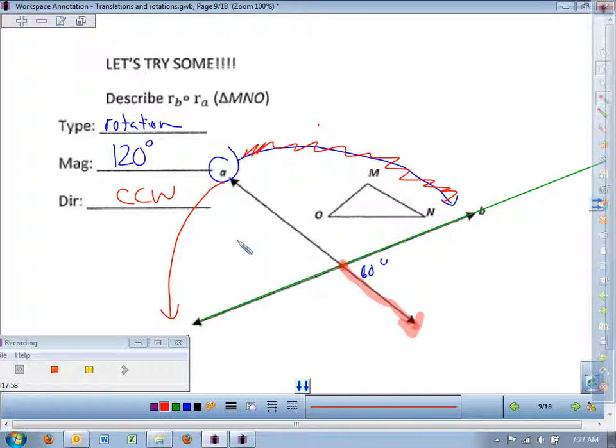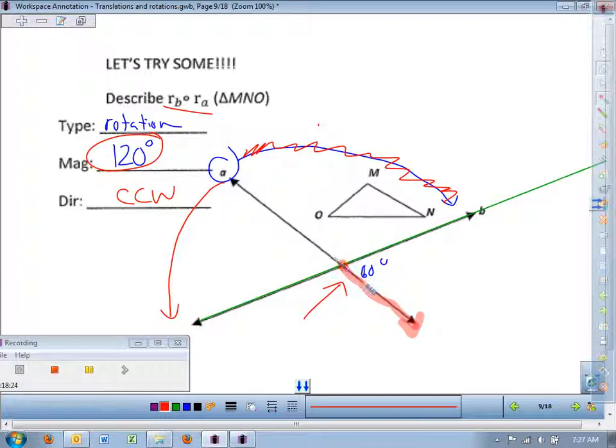One more thing to figure out. Counterclockwise, is that positive or negative direction? Counterclockwise is positive, so that means we keep this magnitude to be a positive 120. If it was clockwise, then we have to go upstairs and make that a negative 120. So let's recap. How did I know it was a rotation? Composite of two reflections over intersecting lines.